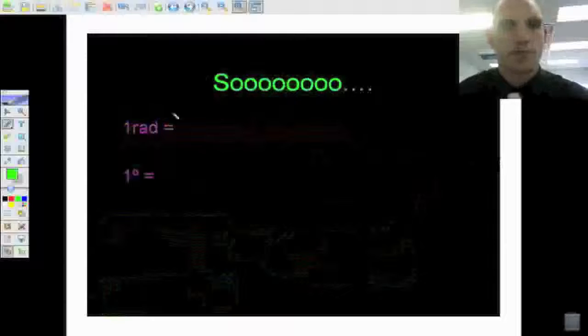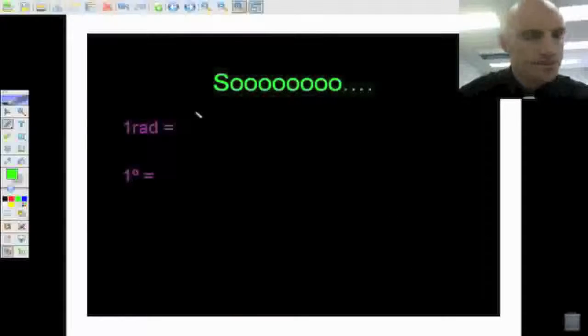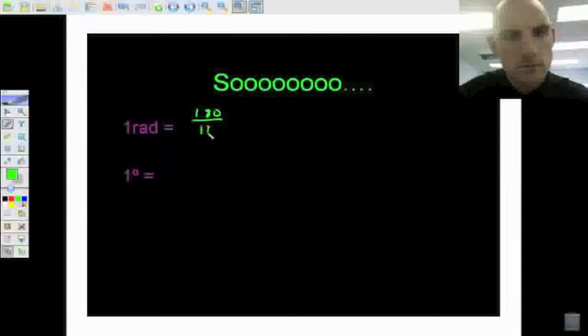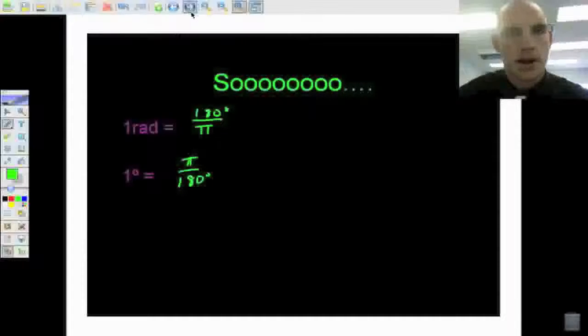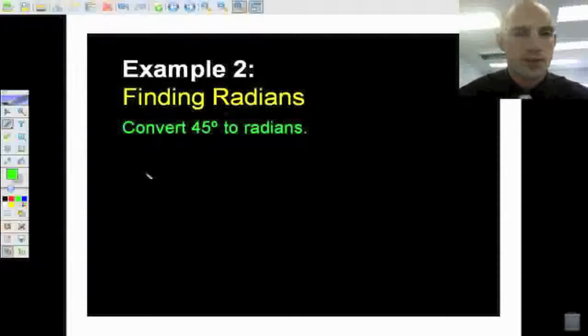How do we use it? So 1 radian, like we said, is going to be equal to 180 over pi, and 1 degree is going to be pi over 180. Now we're going to convert 45 degrees to radians.